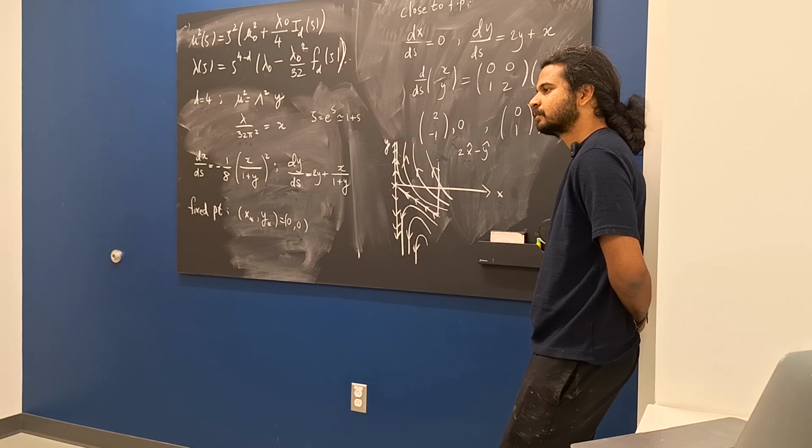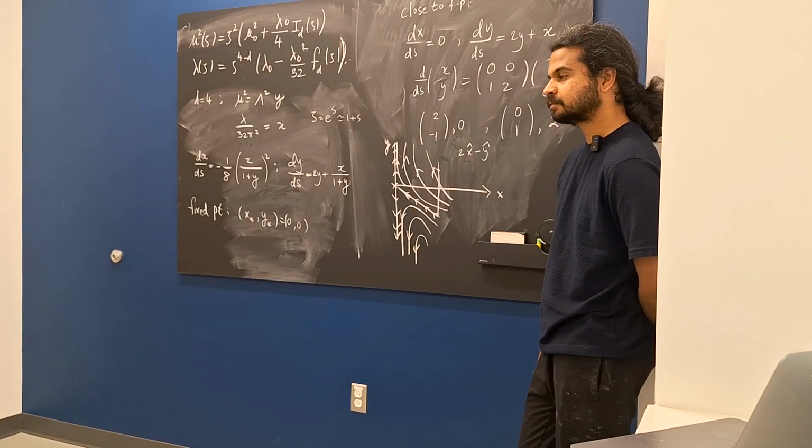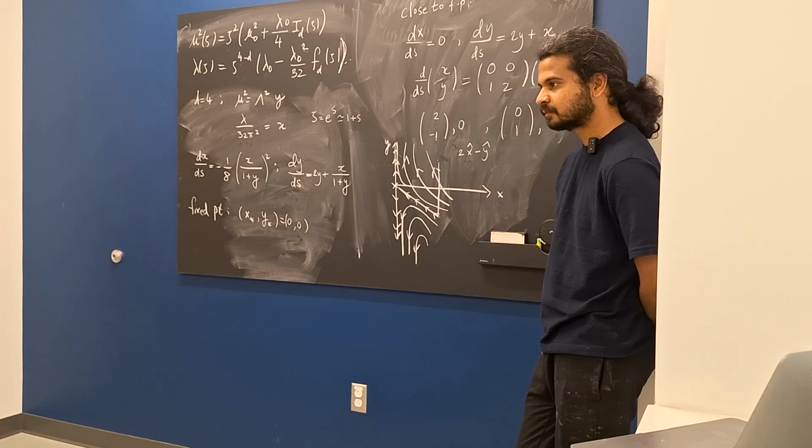Mm-hmm. But I'm having trouble thinking of that order of limits, where I take the temperature very close to the critical temperature, so that I have a very, very small mu, so that mu is much, much smaller than lambda, so that I can forget about the cutoff and look at a real continuum field theory, but with finite mass.